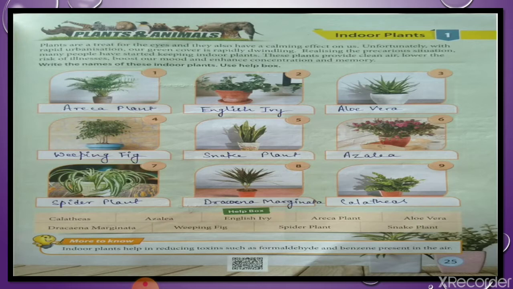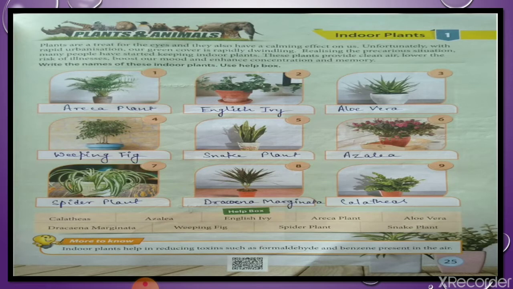Second plant you can see, this is the English ivy. It is an indoor plant, and along with cleaning the air, it is also used in treating and improving lung functions, liver disorders, spleen and gallbladder disorders, and joint pain and swelling.